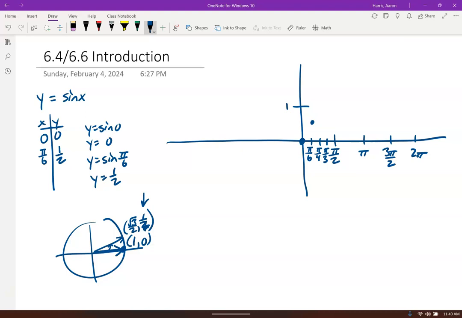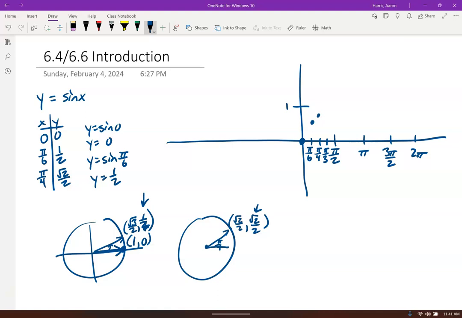And then I'm going to punch in pi fourths, the next spot on my unit circle. If I rotate 45 degrees, or pi fourths, the sine there is root 2 over 2. Root 2 over 2, that's like 0.7-ish, I think.